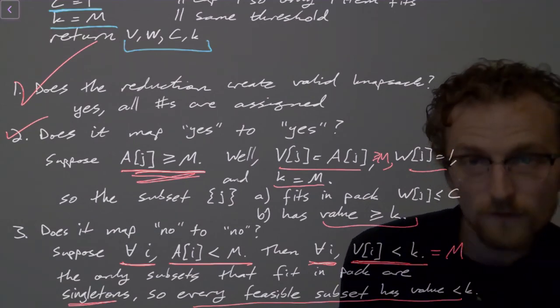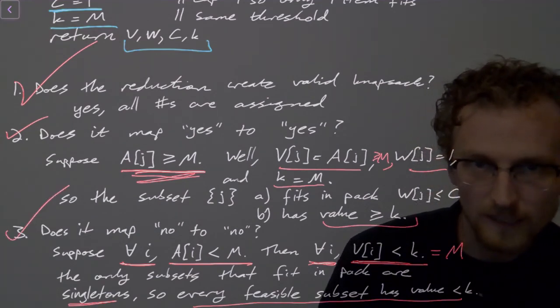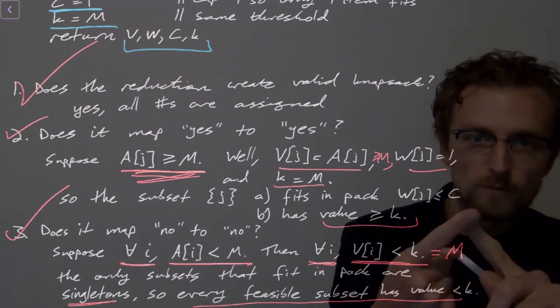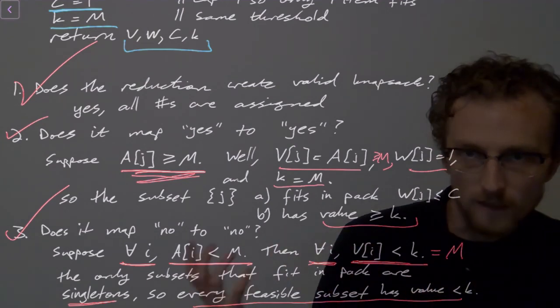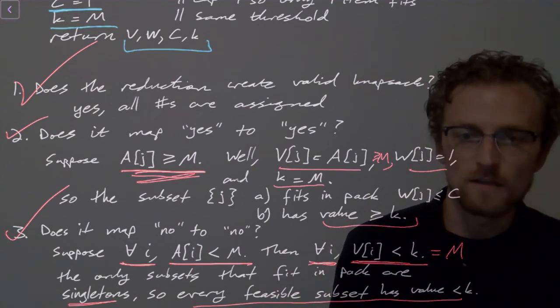Okay, so what do we have? Well, we've got some kind of a process. It turns out it's a linear time process for converting the array search problem into the knapsack problem. And it converts yes instances into yes instances and no instances into no instances.